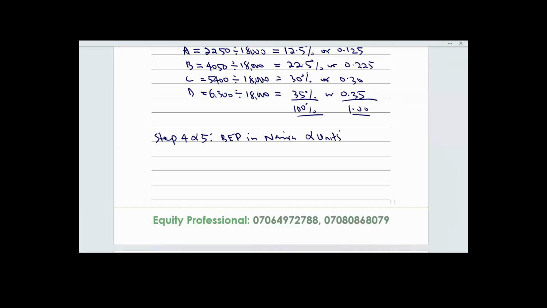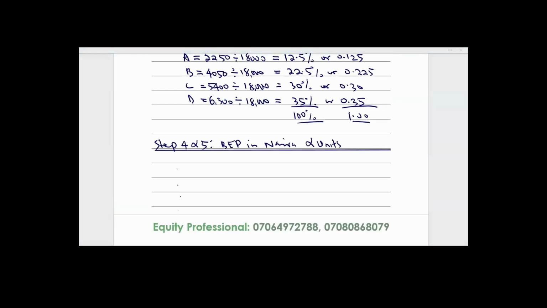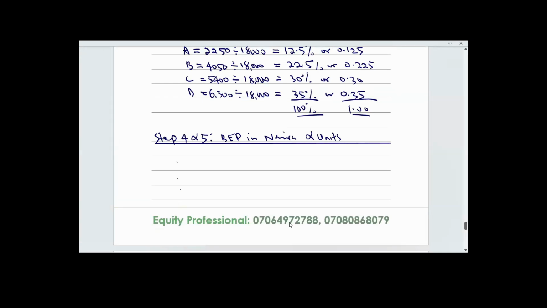Examiner wants you to calculate the number of units for the company to break even. There's no way you'll be able to get break-even points in units without first calculating break-even points in naira.